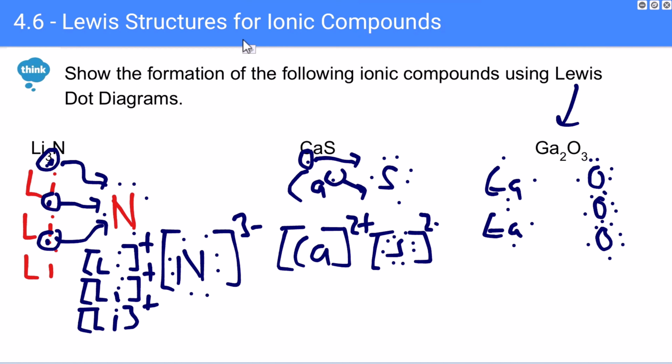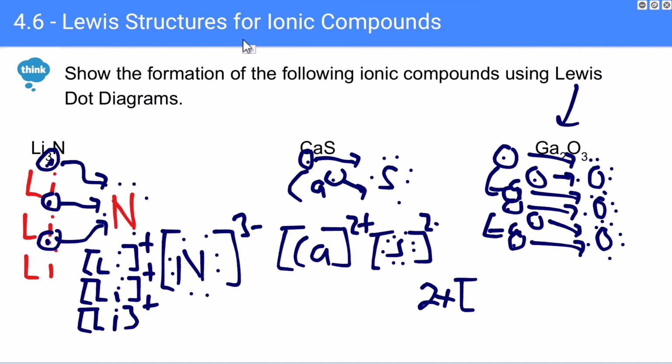Remember to show the correct number of electrons getting transferred to each atom. So oxygen only needs 2 to satisfy its octet rule. So the first 2 here go to this first oxygen. The subsequent 2 go to the next oxygen. And the last 2 go to the last oxygen here. So I'm going to abbreviate this a little bit just because I'm out of space.